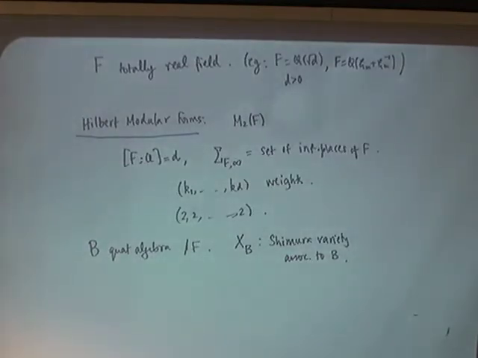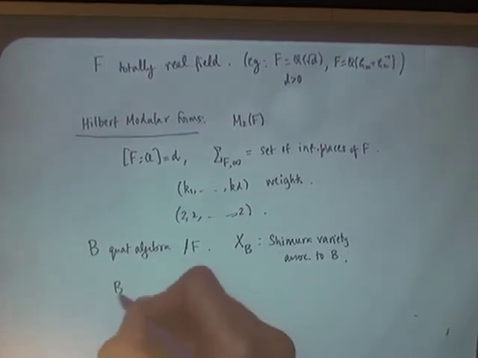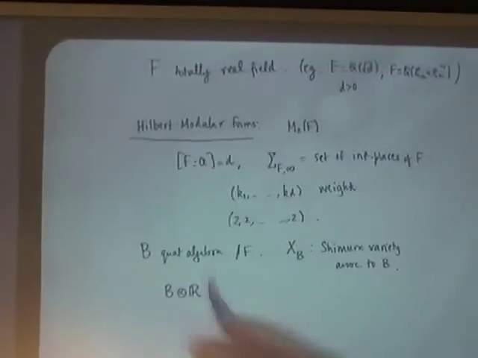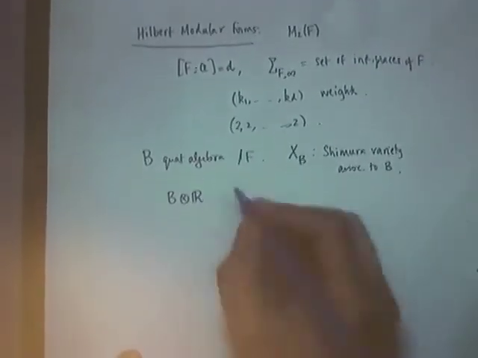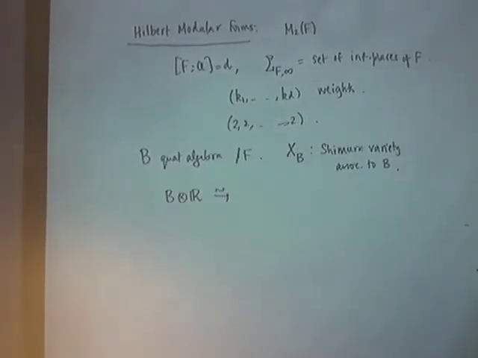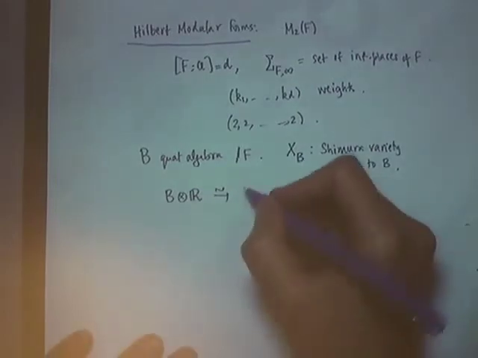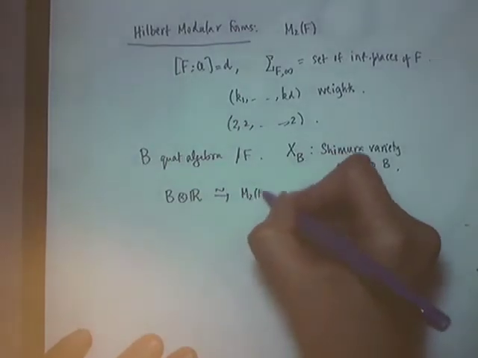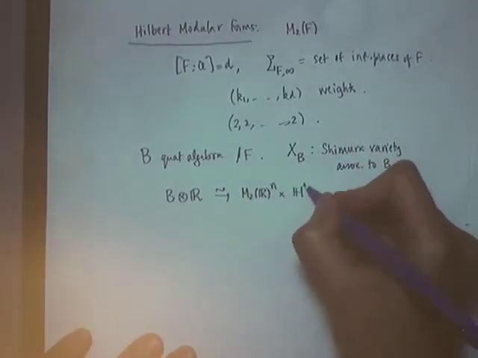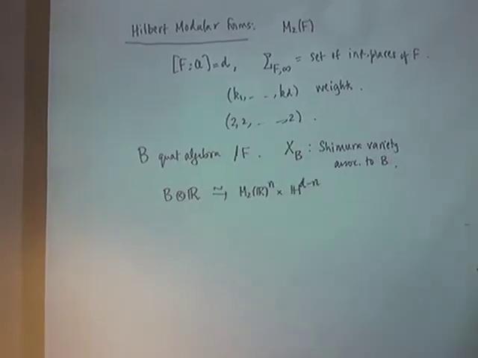So I'm going to tell you what the dimension of this thing is. The point is that if I take B tensor R, now in the previous case I only looked at the indefinite case, but now there's D infinite places. So at some of them, this quaternion algebra could be ramified, and at some of them it could be split. Okay? So let's say that B tensor R is the product of n copies of M2 of R, and then D minus n copies of the Hamilton quaternions.